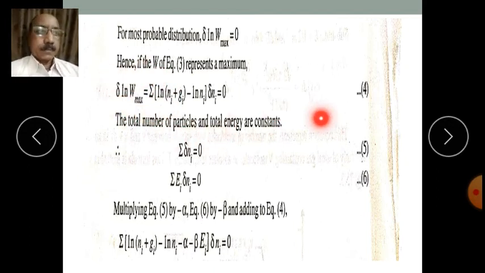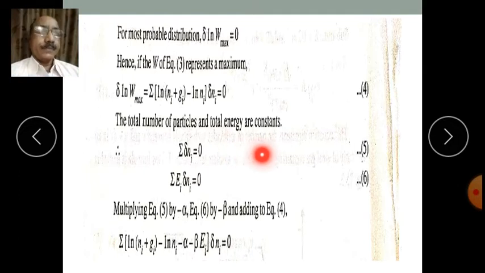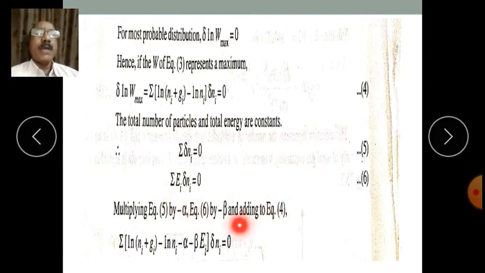So we want the maximum value of this under the condition that the summation of delta ni, that is the total number of particles, is constant and the total energy is constant. Under these conditions, we want the maximum value of this thermodynamic probability.